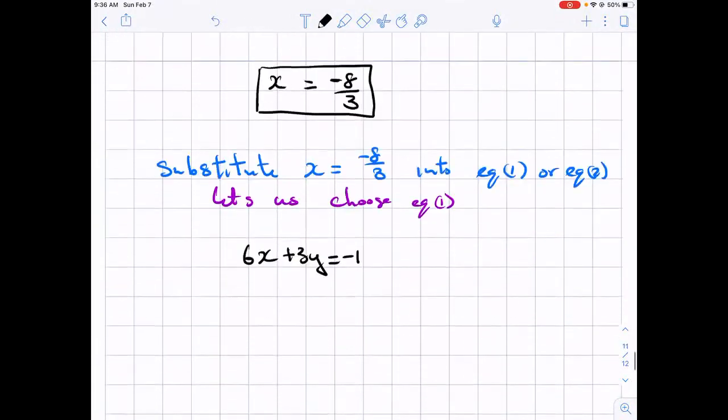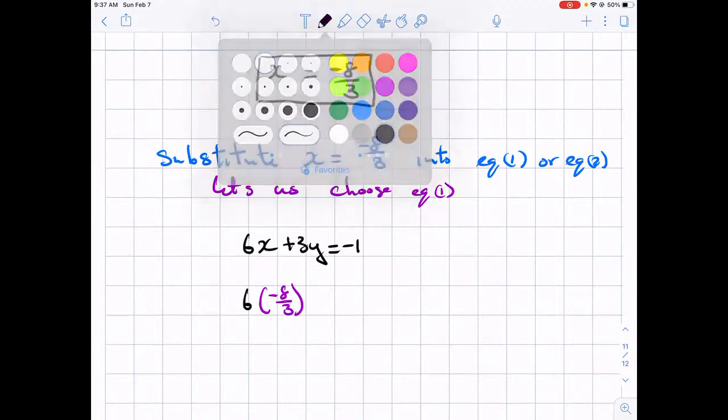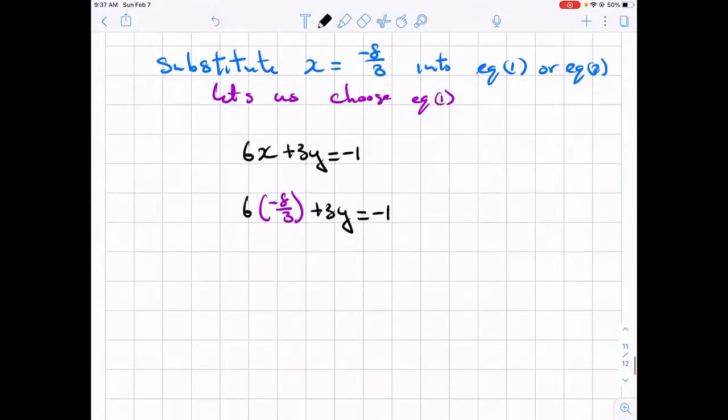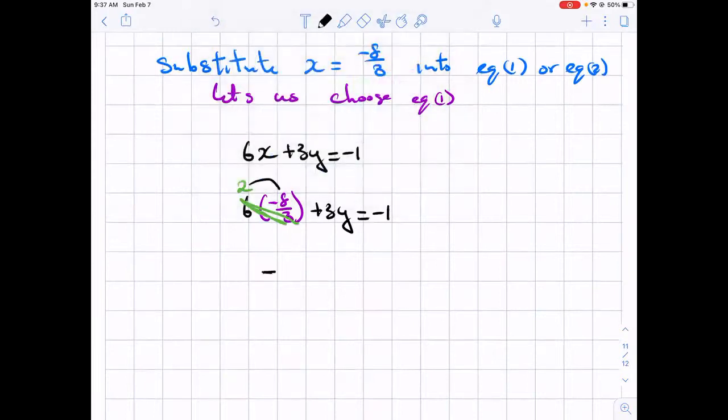And what we'll do is wherever we see x, we will replace. So x will be replaced with minus 8/3, and that is equal to plus 3y equals negative 1. Now you will see that this can be simplified. The 6 and the 3 becomes a 2. So when you distribute here, this becomes minus 16 plus 3y is equal to negative 1.